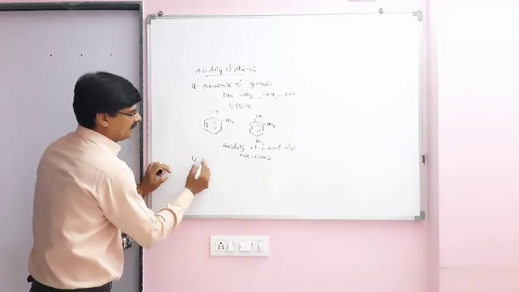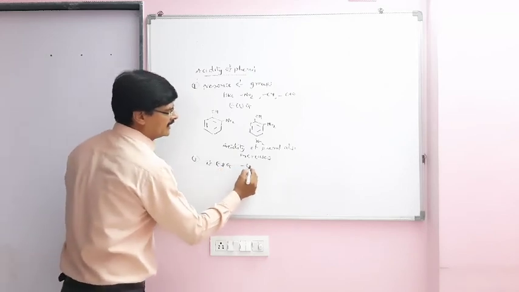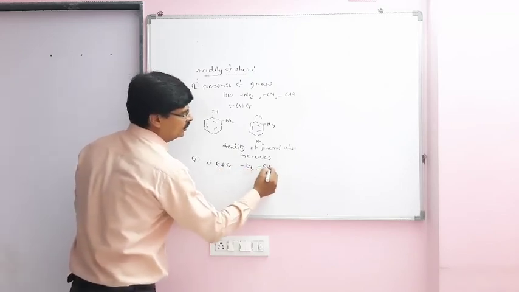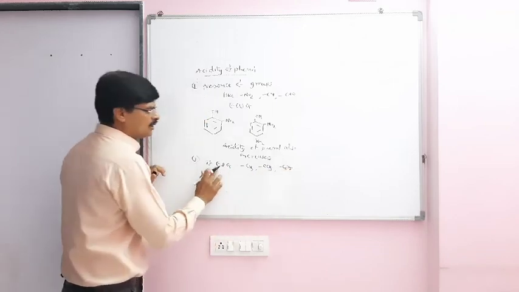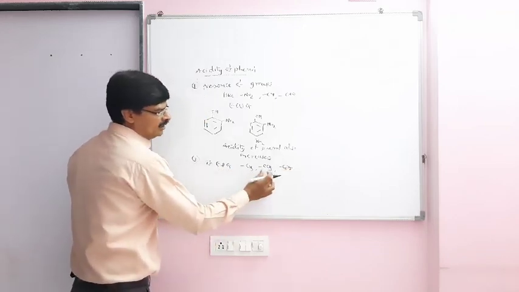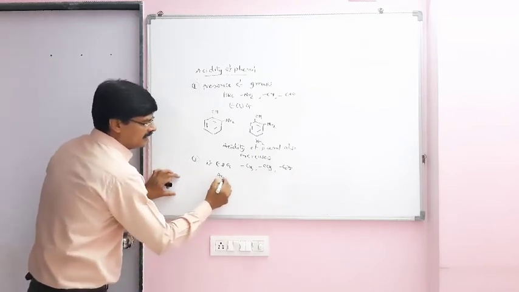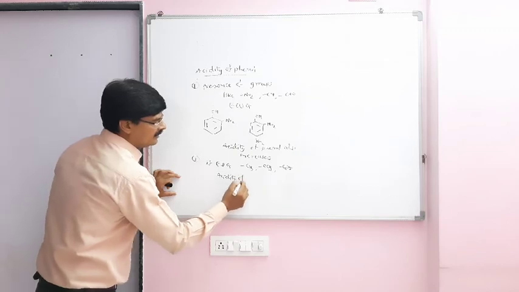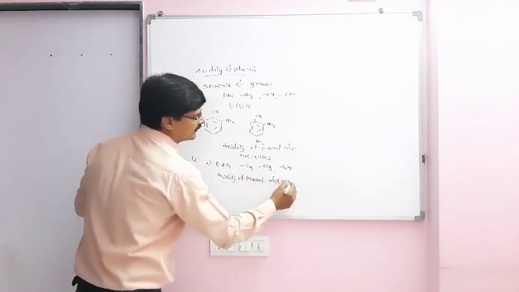But if electron donating groups like methyl, OCH3, C2H5, that is methyl or methoxy or ethyl groups, are present in phenol, the acidity of phenol decreases.